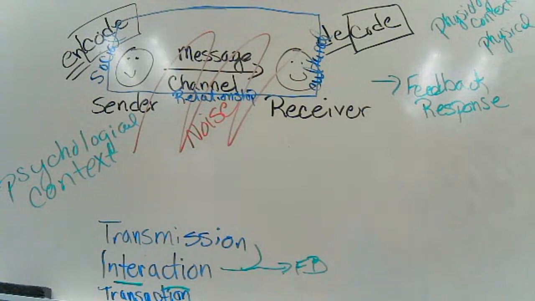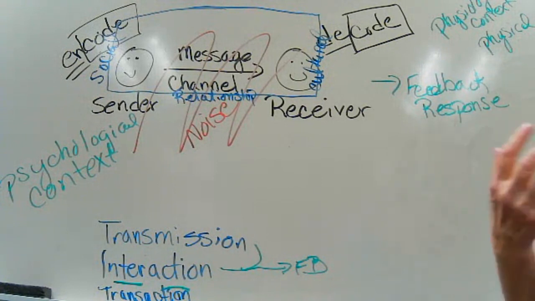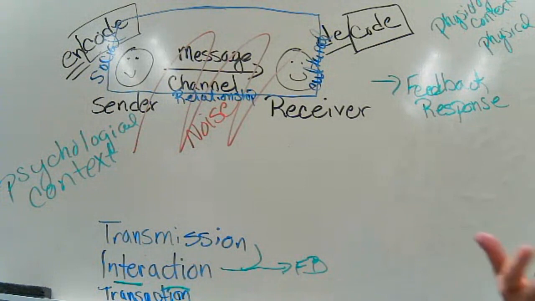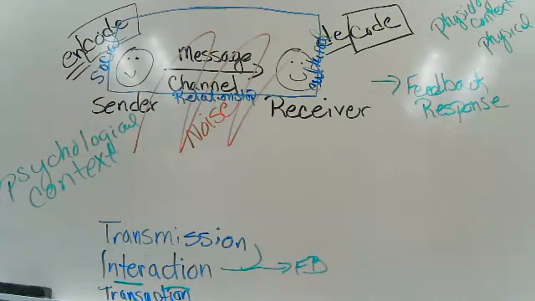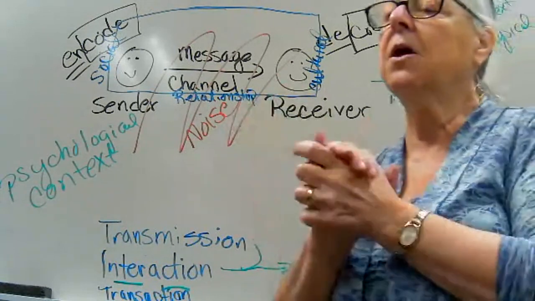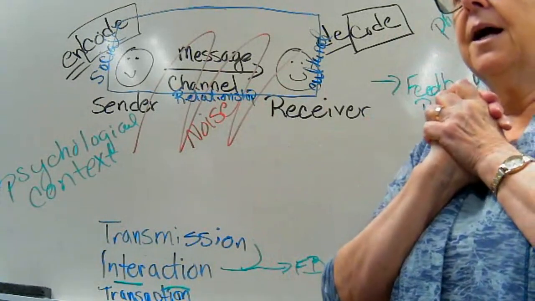And basically, what I want you to recognize is that communication models are simply used to try to explain the complexity of all that's going on within the communication process. And then to recognize the differences between the three models. Okay? So that's all I have for today.